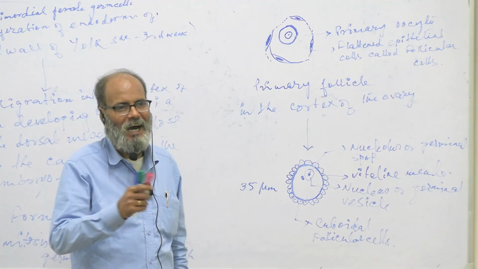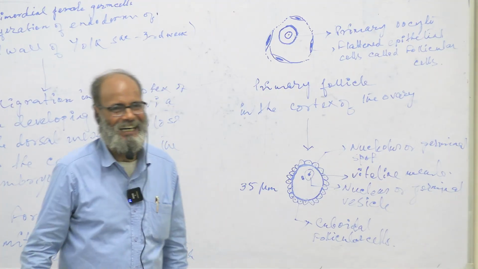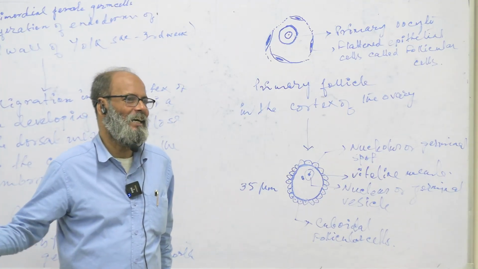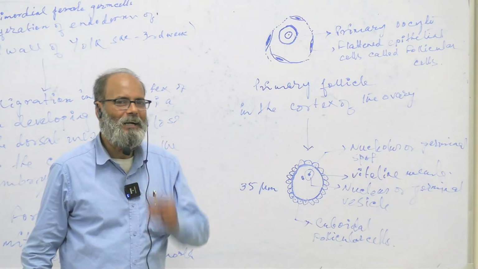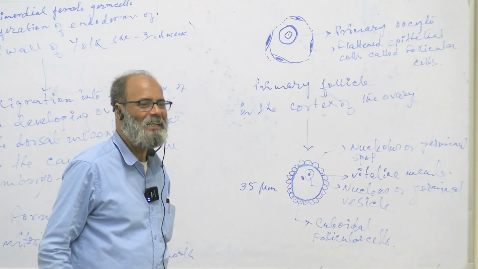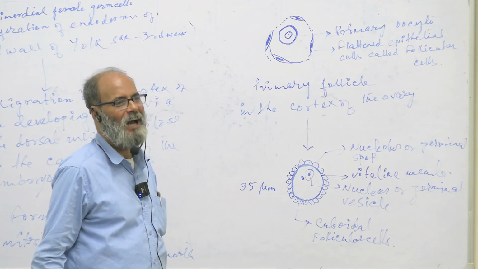All are wrong. Correlate with your books. It is common. Graafian will become double A. All right. But it is Graafian follicle.